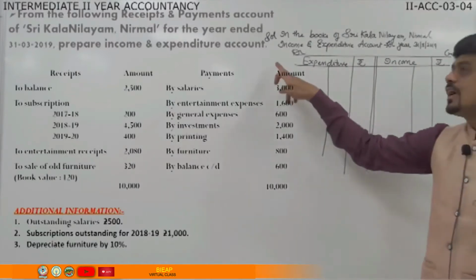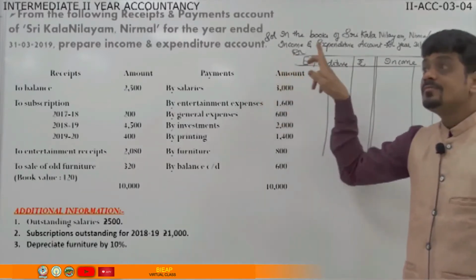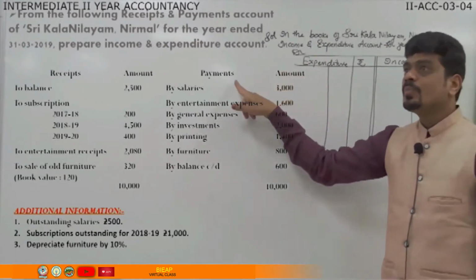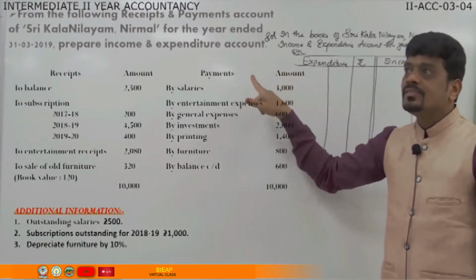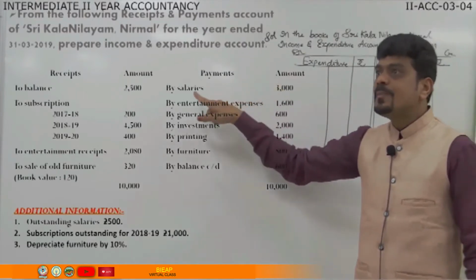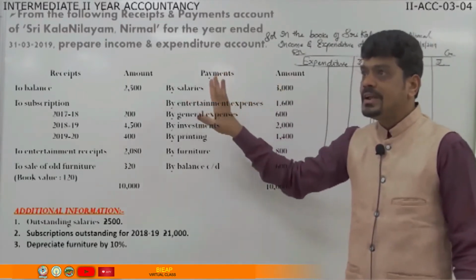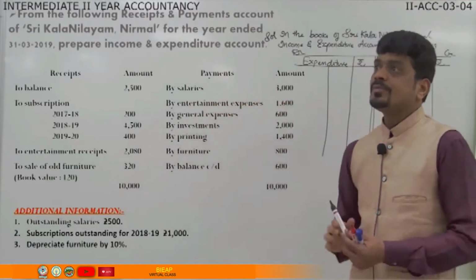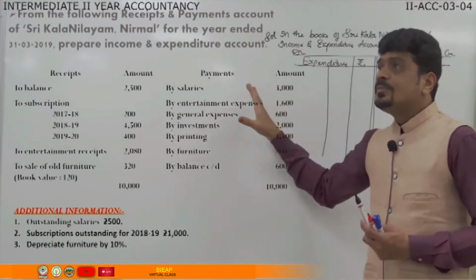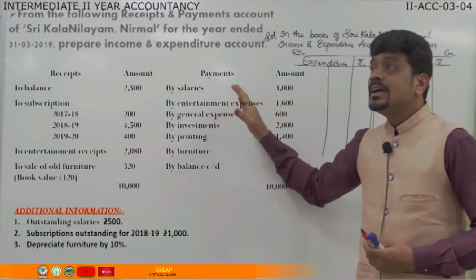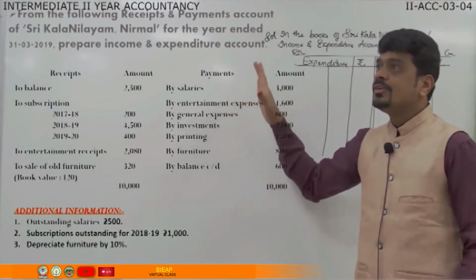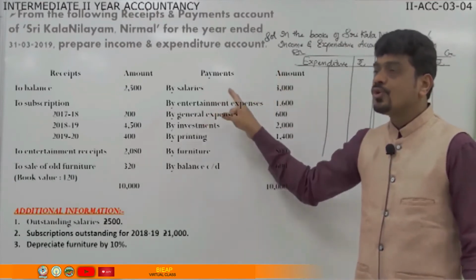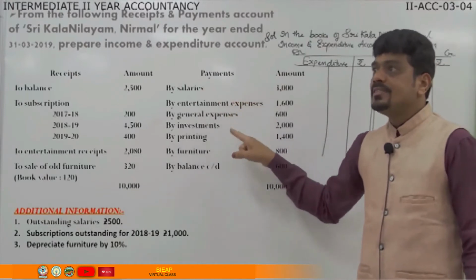Now we'll start the problem. Always first see the receipt side. What is the first receipt given to you all? To balance, means that is cash balance. Cash balance will not be posted anywhere. Ignore. Then they gave subscription. How the subscription is given? It is given year wise. I hope when I taught you the second problem of receipts and payments, I showed you current year, previous year and all.